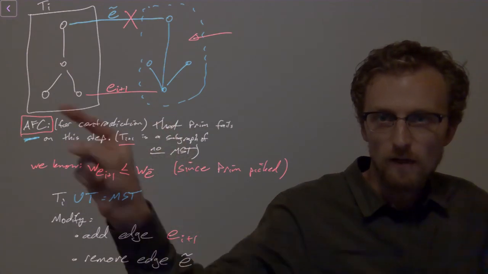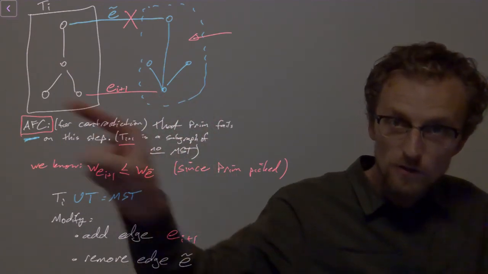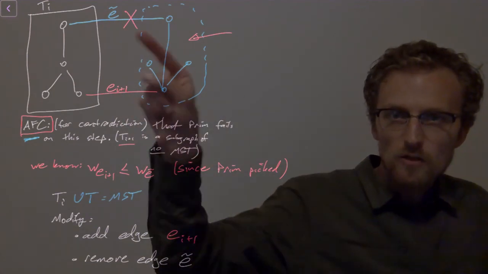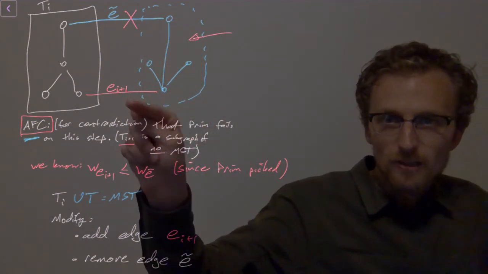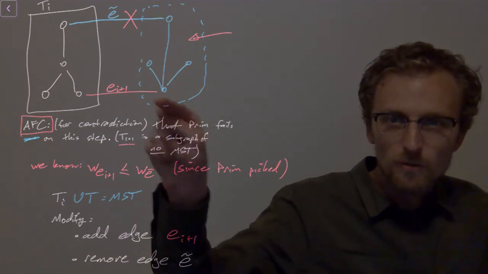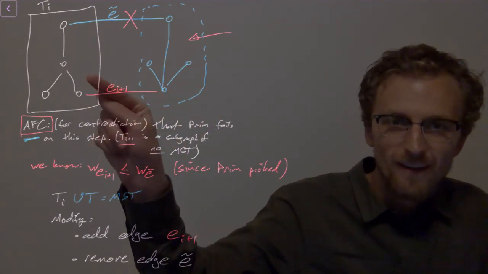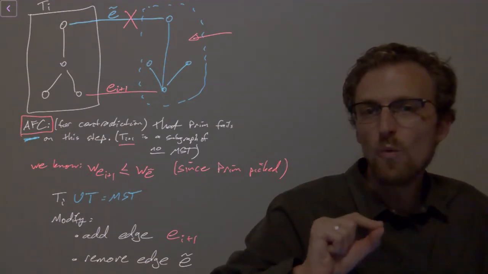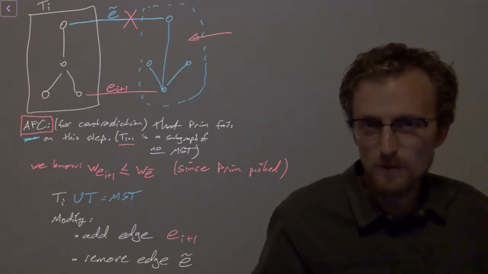If there are no cycles here and no cycles here, there are no cycles in the overall graph after we delete that blue edge. So now red union, blue union red union white is a spanning tree, and it is a spanning tree whose weight is lower than a minimum spanning tree.